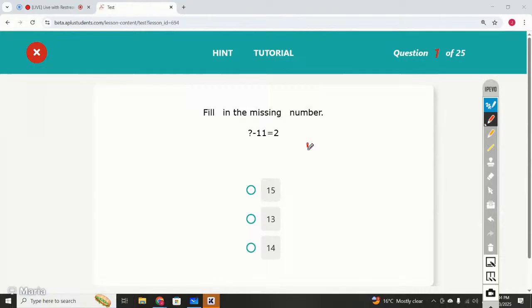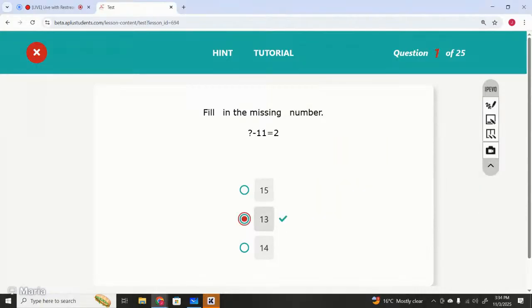You can try them one by one. 15 minus 11 equals, no, sorry, 4. That isn't the correct option. 13 minus 11 is 2. So the correct option is 13. That means the missing number is 13. Option number 2 is the correct option.